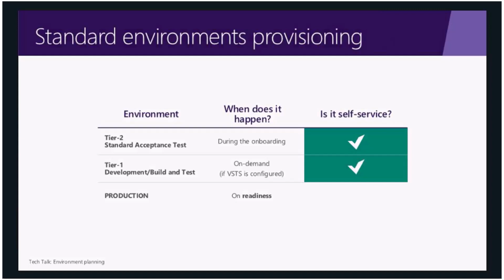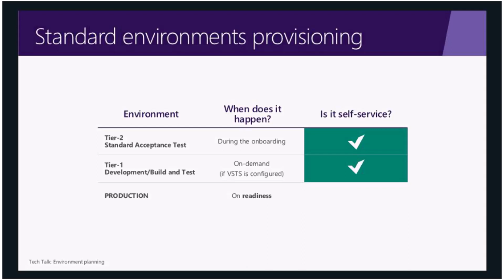The 3 environments we just mentioned can be deployed at specific moments in your implementation. For the tier 1 environment, it's basically on demand. So as soon as you have configured Visual Studio Team Services, you're able to deploy it in a self-service manner.